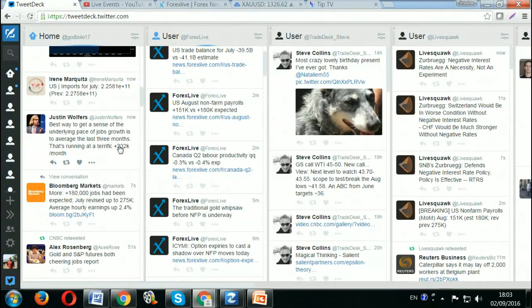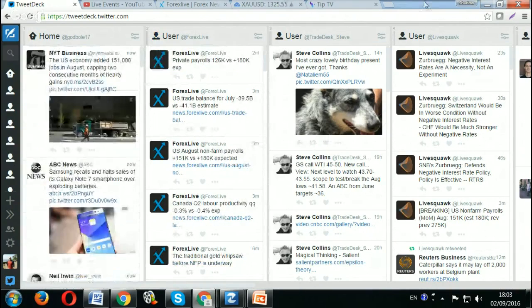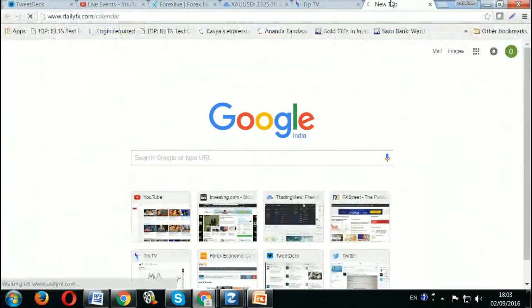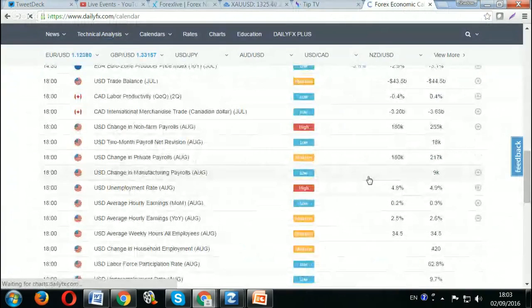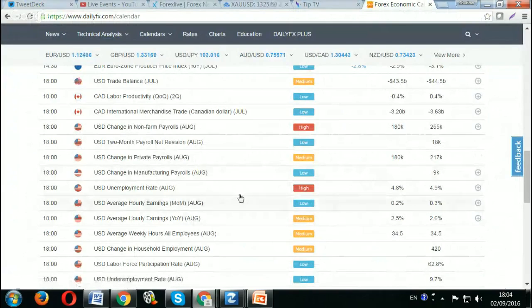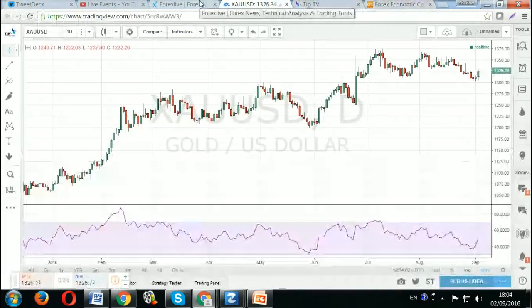Average hourly earnings up 2.4%. Need to check on the calendar. Let's see if we have something. So average hourly earnings has pretty much missed the estimates, and that's not the good news.